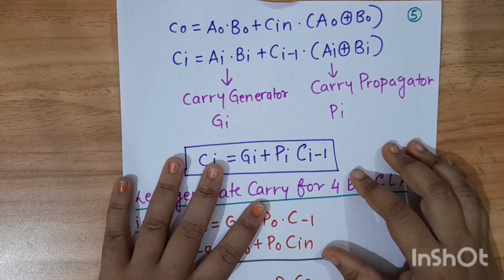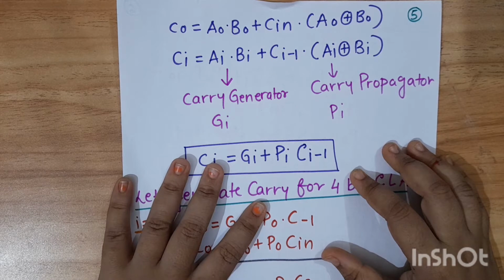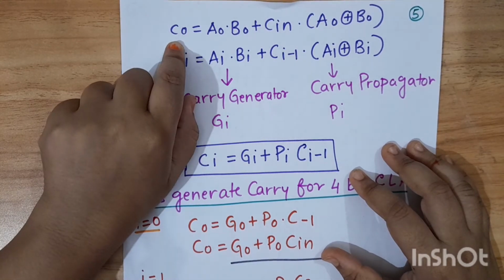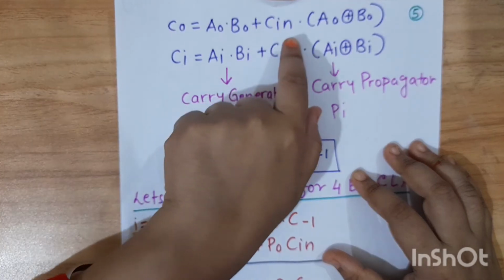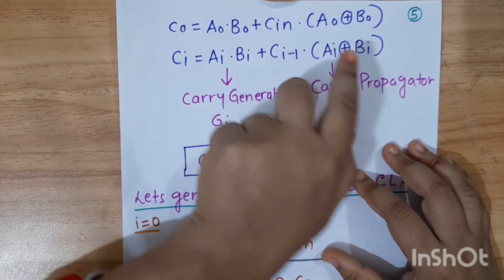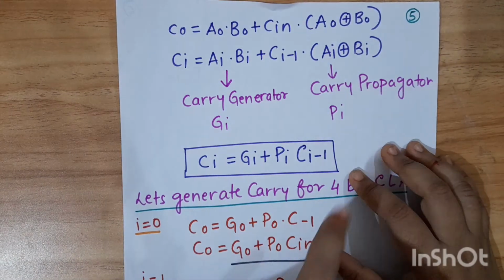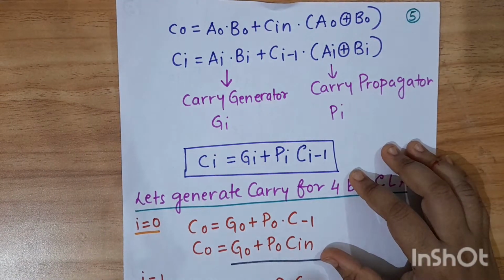Now for a single bit full adder, let it be for the 0th position of A0 and B0. So the carry which is generated from the full adder is C0 equal to A0 dot B0 plus Cin dot inside the bracket A0 exclusive or B0.